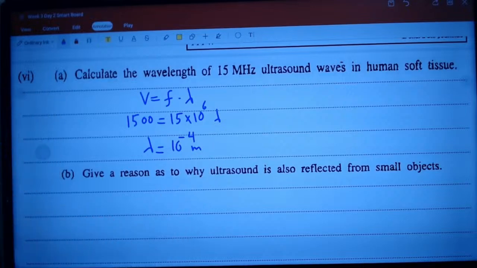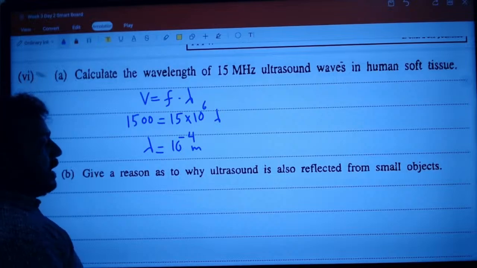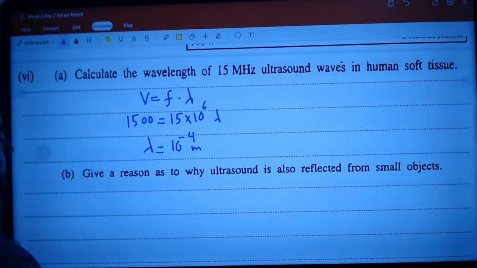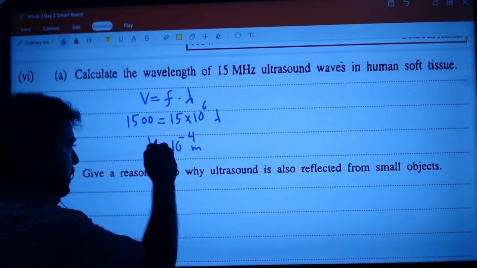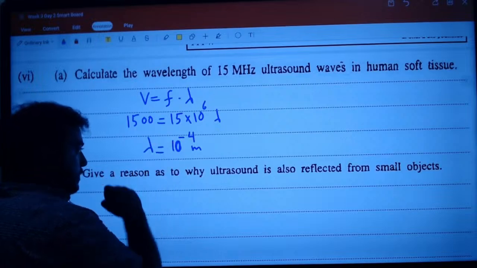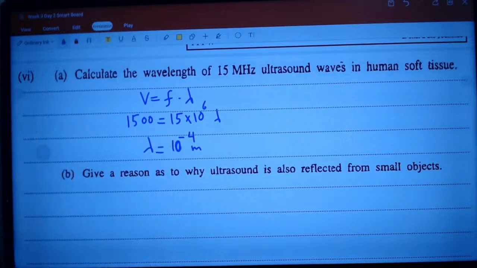Right. Give a reason as to why ultrasound is also reflected from small objects. So reflection means it's knocking and coming back. Why is it knocking and coming back?